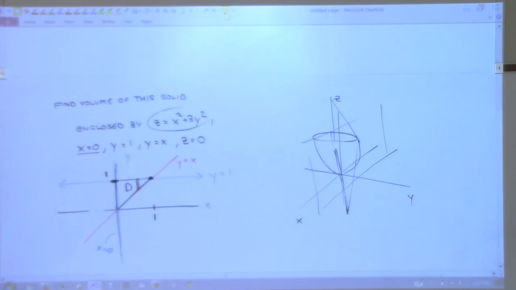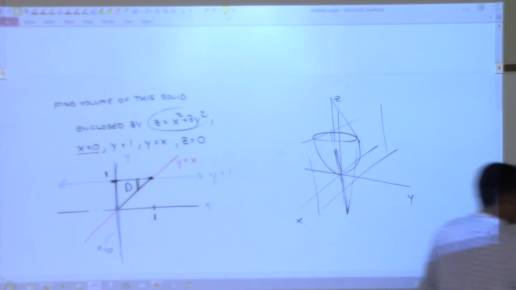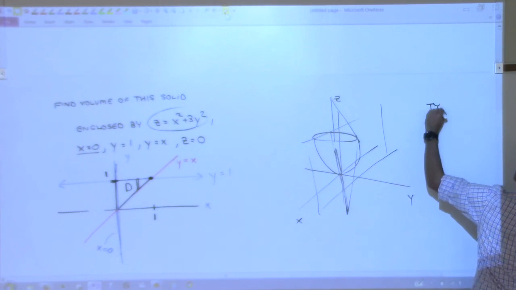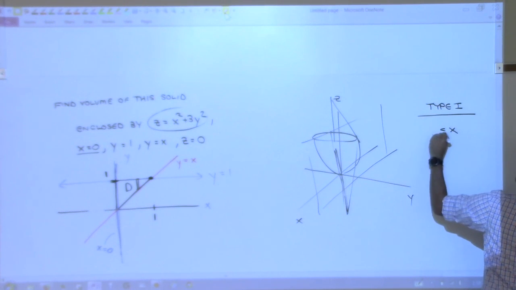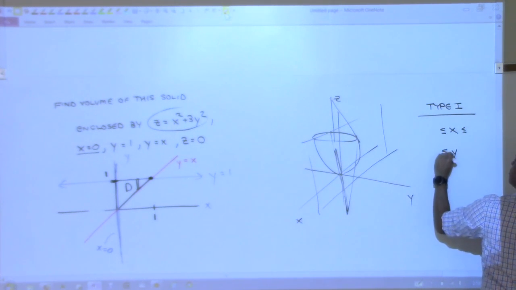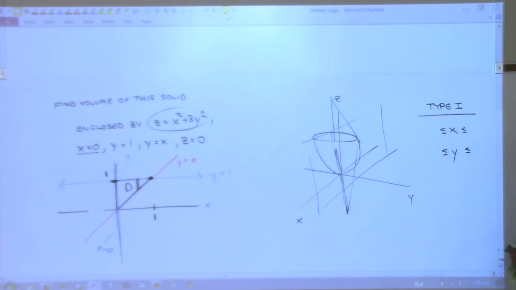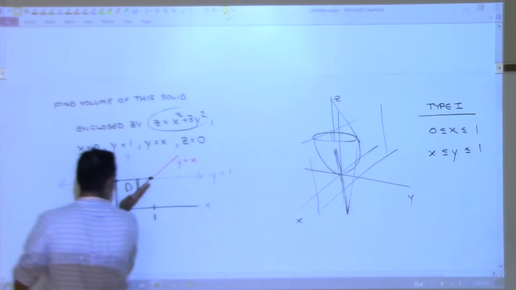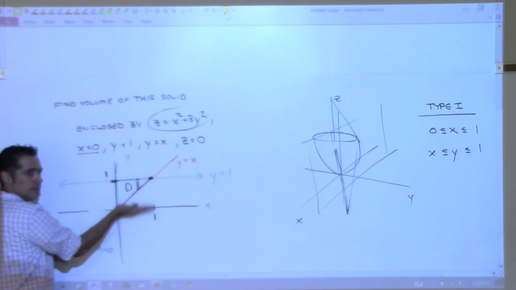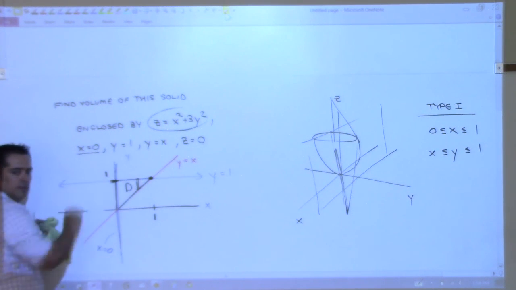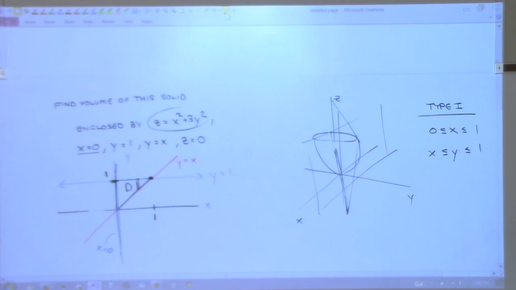So as a type 1 region, our x's are stuck between two constants and our y's are stuck between two functions of x. So x is between 0 and 1, and y is between x and 1, because the bottom one is x, the top is 1. Not between 0 and x, between x and 1. Questions on that?